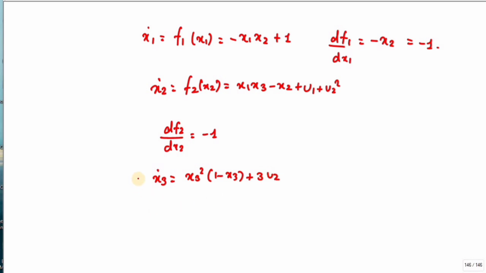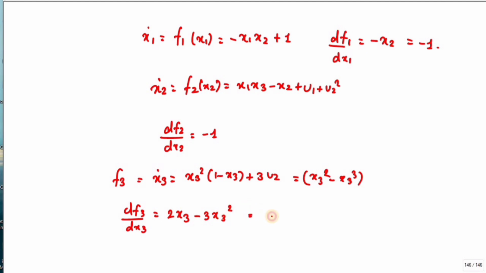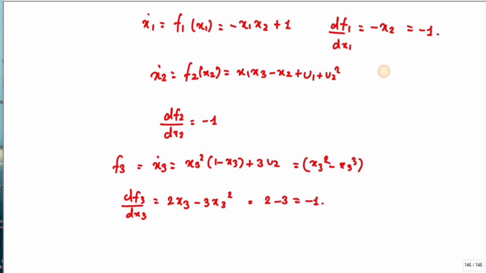In a similar way, I can write the x3 dot value and differentiate with respect to dx3. So I will get 2 into x3 minus 3 into x2. If I substitute 1, I will get 2 minus 3, that is equal to minus 1.